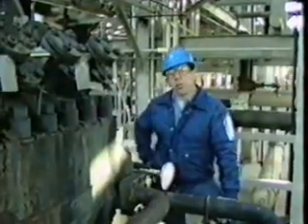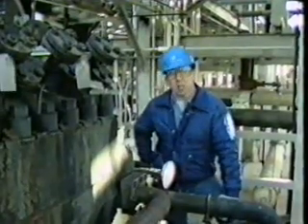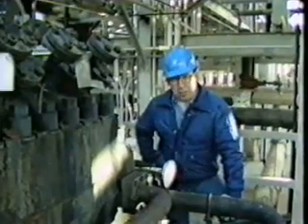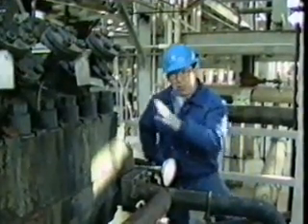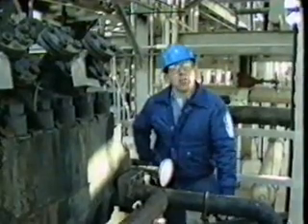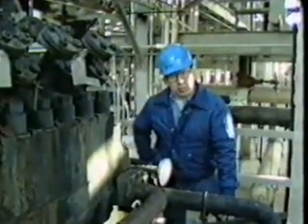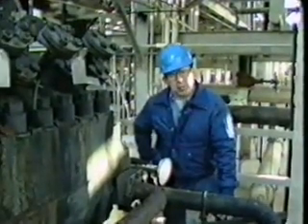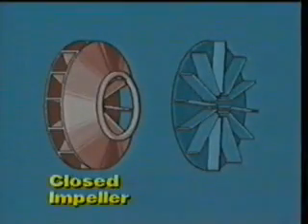The impeller is the most critical part of a centrifugal compressor because its size, shape, and speed determine the compressor performance. Most often you'll find two types of impellers, closed and semi-open. In a closed impeller, shrouds cover both sides of the blades. On one side, a central hole or eye allows gas to enter the impeller.